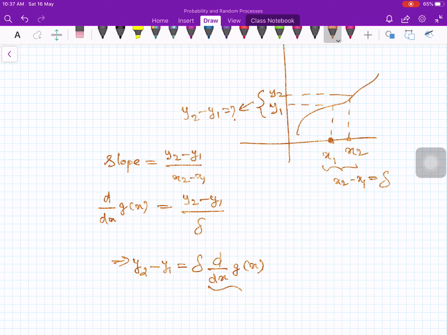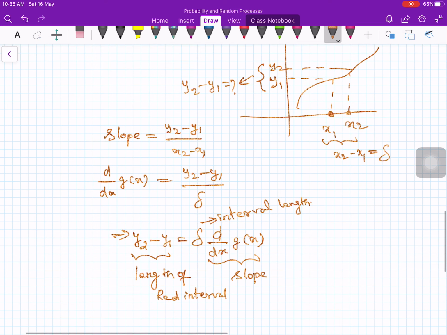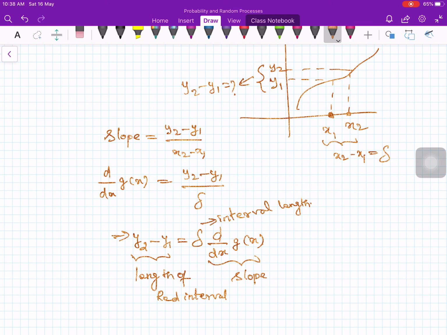So this is the slope and this is the interval length of x. Therefore the length of the red interval has something to do with the slope of your function. So here the slope is dy by dx, where y is g of x.